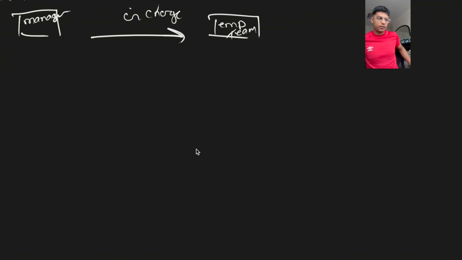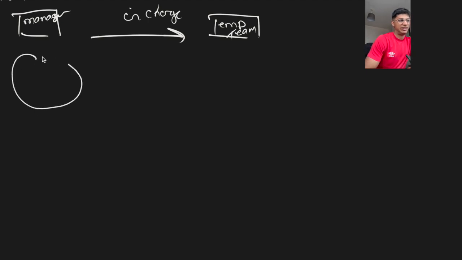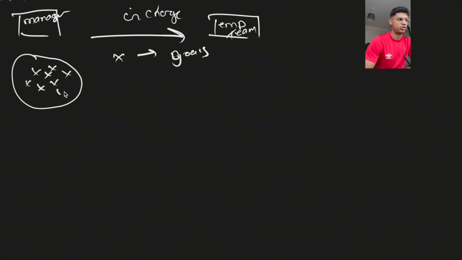And say you have a number of goals which need to be completed. I like using the circle analogy. Say X represents the goals which need to be completed. So you have X. Say we have so many goals which need to be completed for the success of the business.